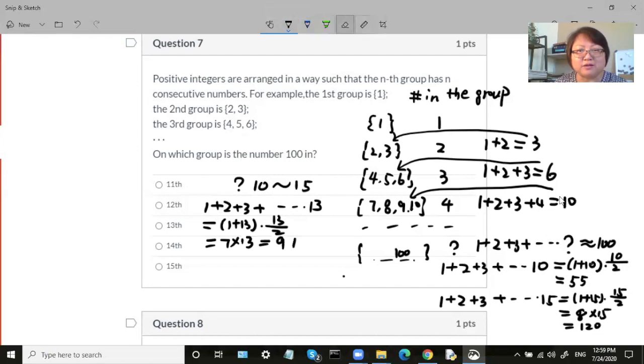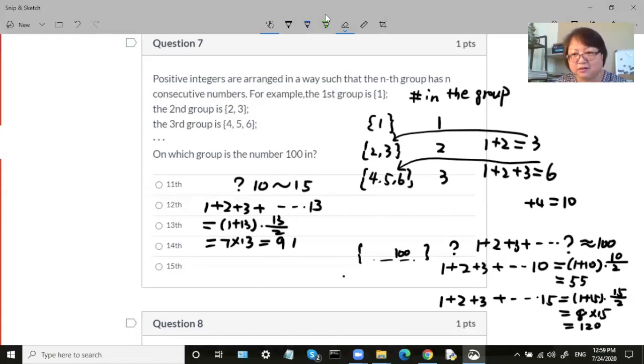Basically, this 13th group has a last number of 91, and the total count is 13. So we have 1 plus 2 plus 3 and so on up to 13, which equals 91.